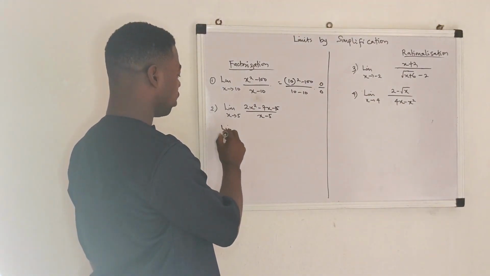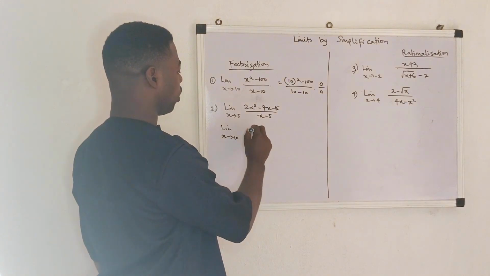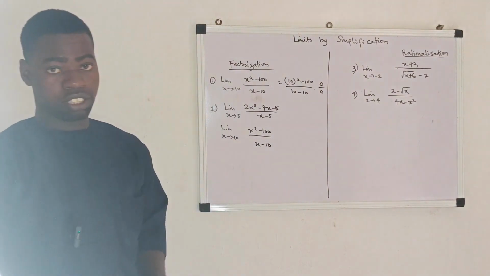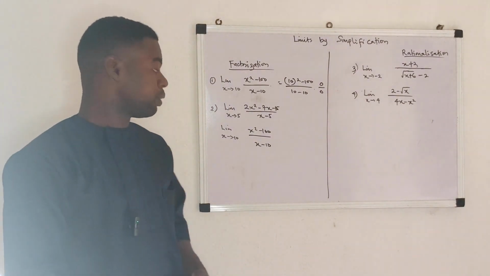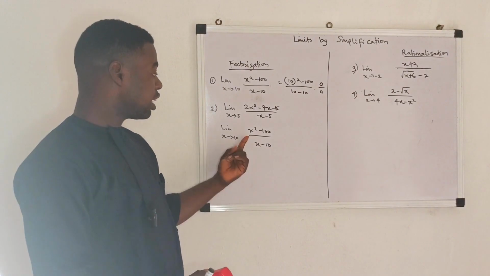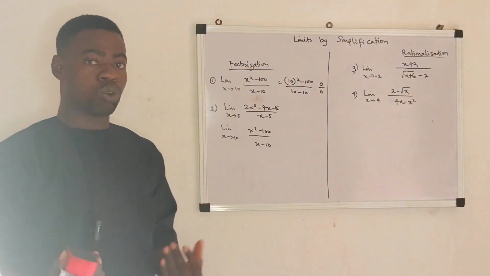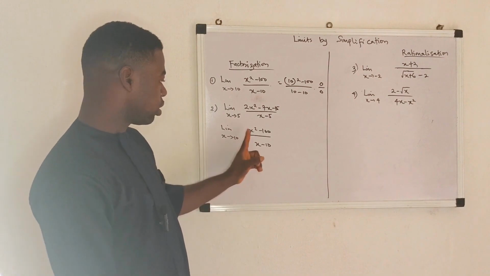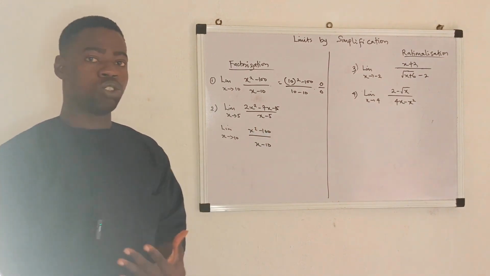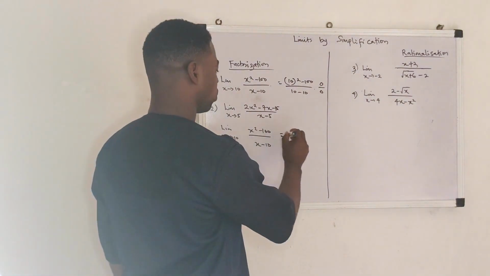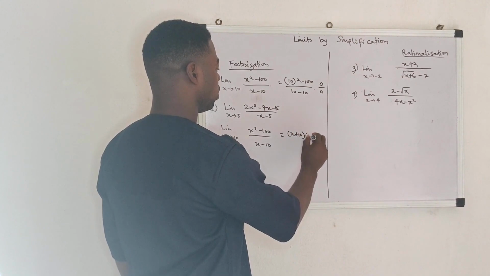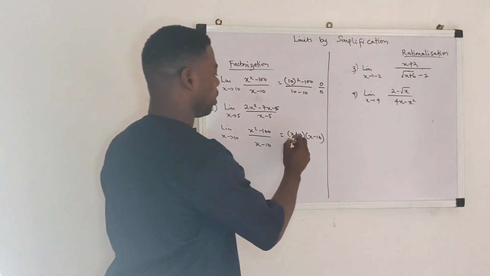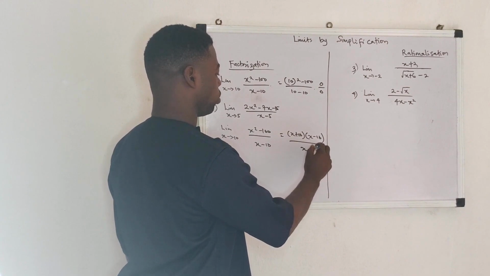I have the limit as x approaches 10 of x squared minus 100 divided by x minus 10. Let's factorize and see. Is this factorizable? Yes. x squared minus 100 is a difference of two squares, because 100 is 10 squared. So this will be equal to x plus 10 times x minus 10, divided by x minus 10.